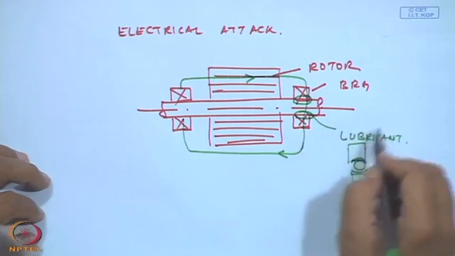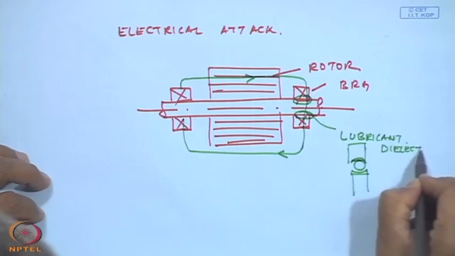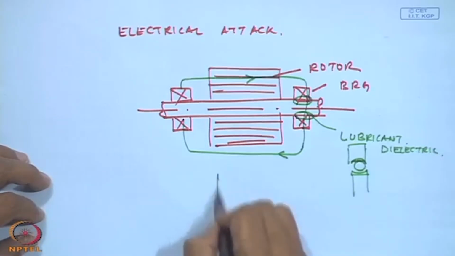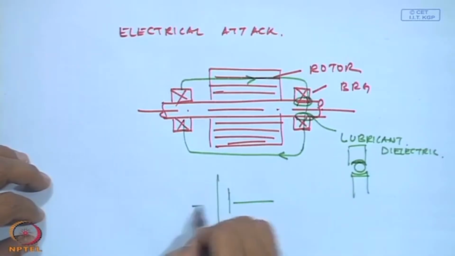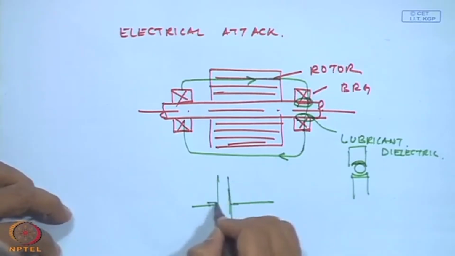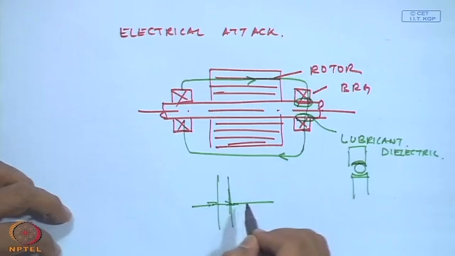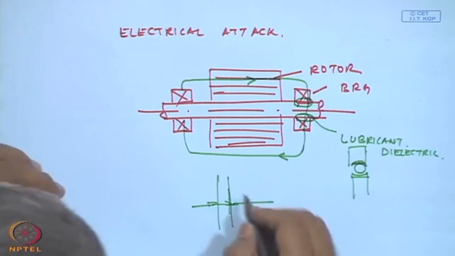Okay. And this actually is a dielectric. So, when I am bringing in a voltage across a capacitor, okay, and there is the dielectric, if this dielectric breaks, this voltage is going to get passed through.